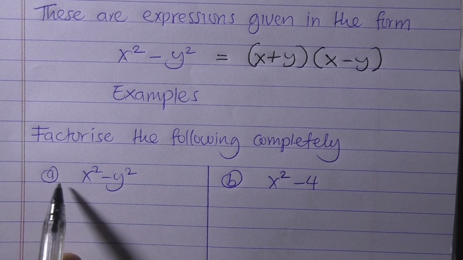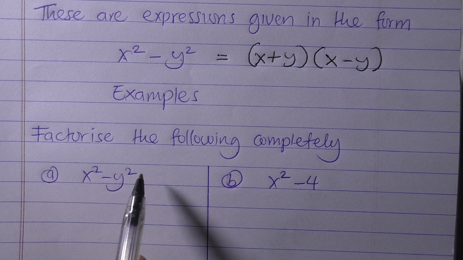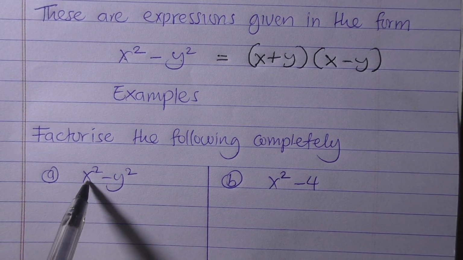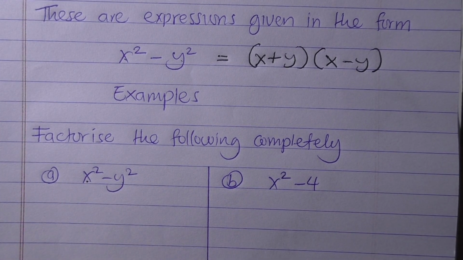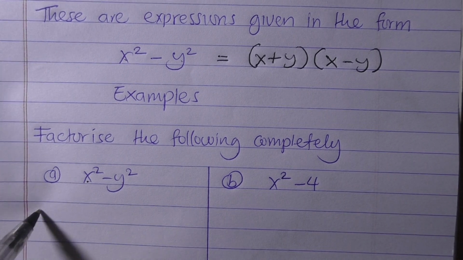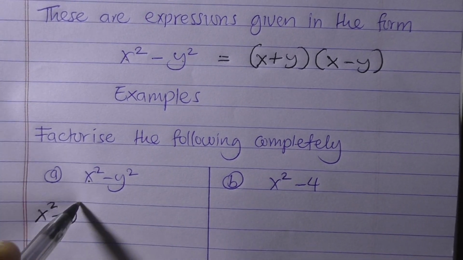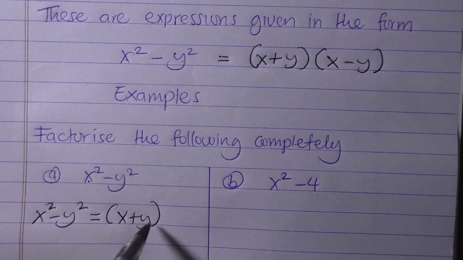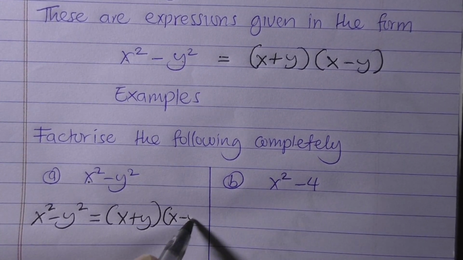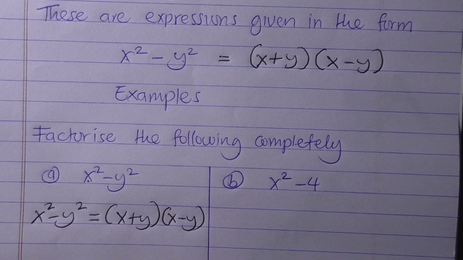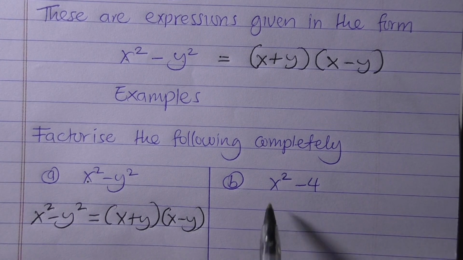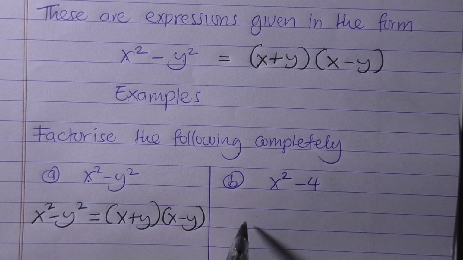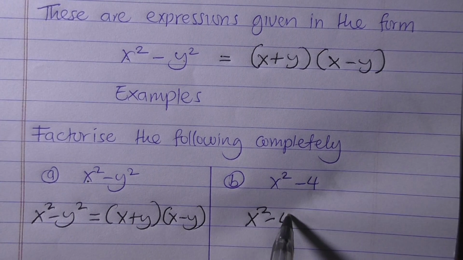Our first example says factorize the following completely: x squared minus y squared. So x squared minus y squared will be given by x plus y times x minus y. That is our final expression. Then we have x squared minus 4.